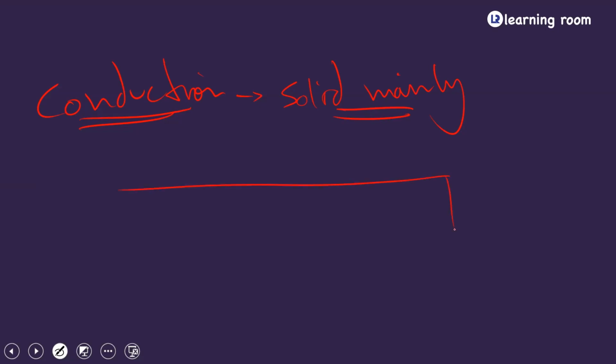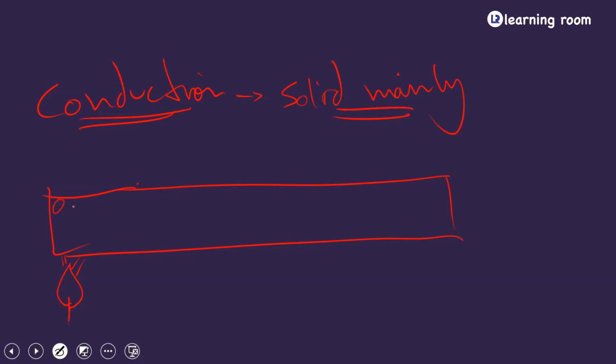So what will happen is, for example, I have a metal rod. Here I am going to put one flame, fire. The fire is heating here.